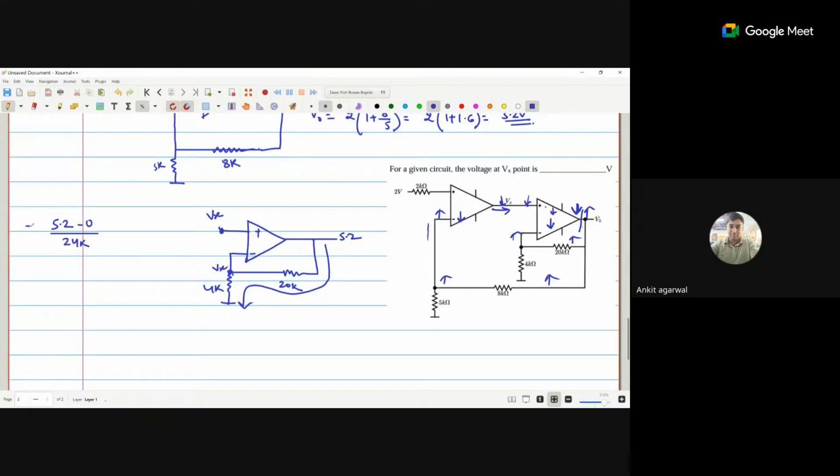This is the current I. And what is the voltage across 4k? V at 4k is equal to the current flowing, 5.2 divided by 24k, times 4k. Cancelling these two gives 6. So V at 4k is 5.2 divided by 6.